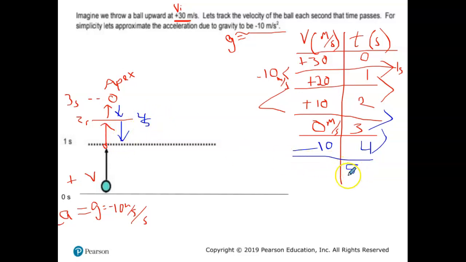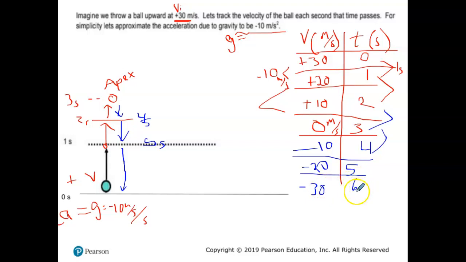At 5 seconds, we'd add another negative 10 to it, so negative 10 minus 10 is negative 20 meters per second, so it's got a bigger arrow in this section from 4 to 5 seconds. And then finally, the last section, when it returns to hit the ground, add another negative 10 to this, negative 30. And that would be at 6 seconds.